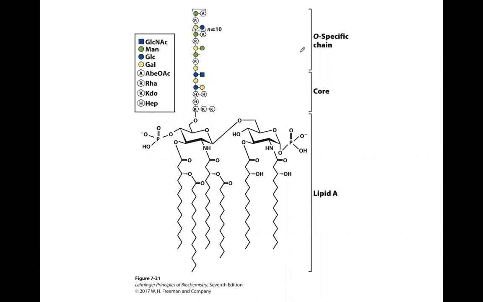And actually this is variable and basically serve the function of recognizing various molecules on the surface of species or organisms which are going to be infected by these bacteria, right? So they call different serotypes of the same bacteria.